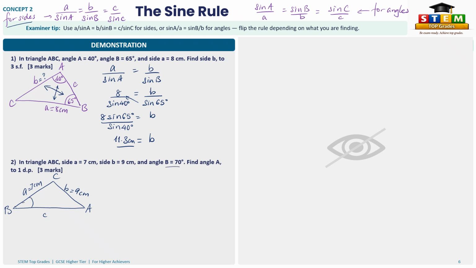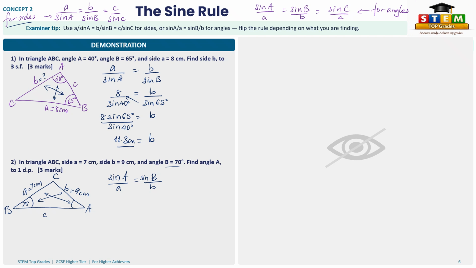What we're looking for, and now you have also angle B given, which is 70 degrees. So that pairs off with this one, and that will pair up with that one. So if you remember, if we're looking for the angle, we start with sine on top. So it's going to be sine A over a, and that's going to be sine B over lowercase b.